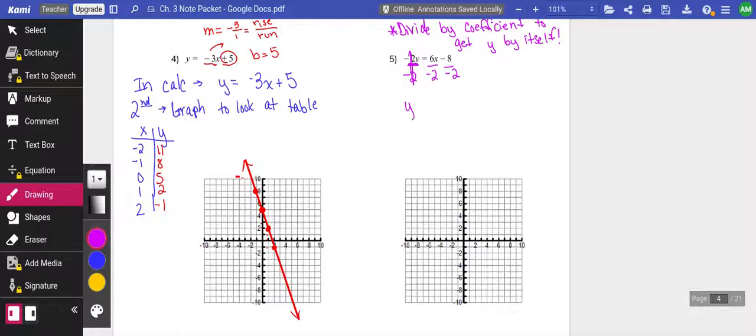So now when I divide, I get y equals, which is exactly what I was looking for. And now I'm going to say 6 divided by -2 is -3x. And then -8 divided by -2 is a +4.